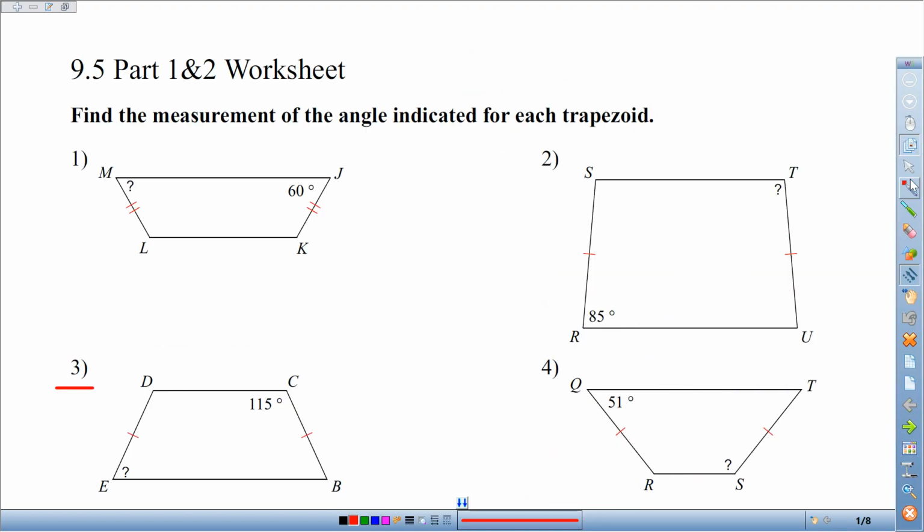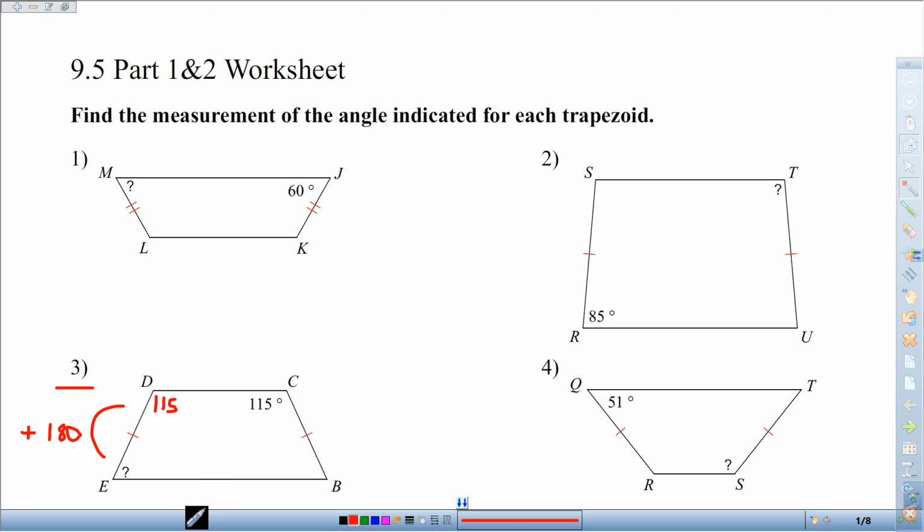So if you guys take a look at number 3, they're asking us to find this missing angle E right here. You can see the question mark is the angle they're looking for. The idea is, if this angle C is 115, we know that angle D is also 115. And then we know that the top and bottom base angles add to 180.